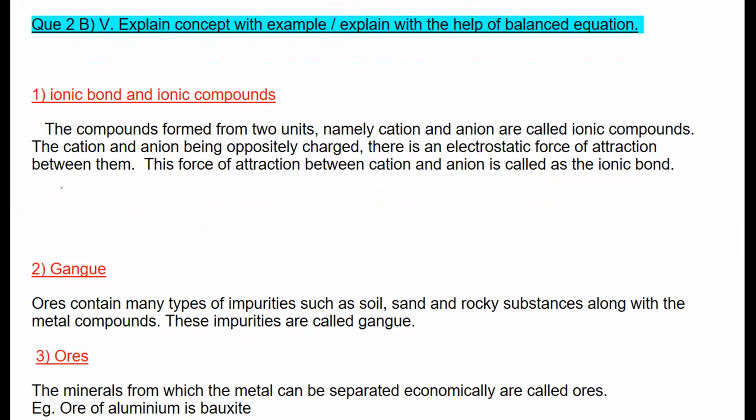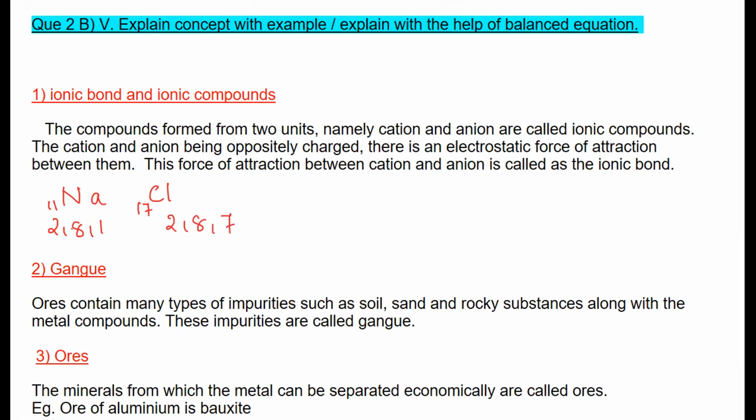In the case of sodium and chlorine, sodium's atomic number is 11, so its electronic configuration is 2, 8, 1. Chlorine's atomic number is 17, so its electronic configuration is 2, 8, 7.